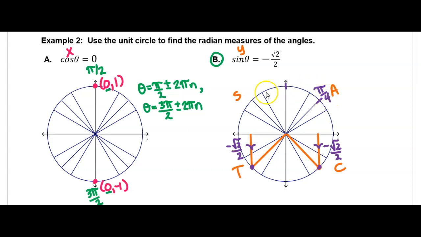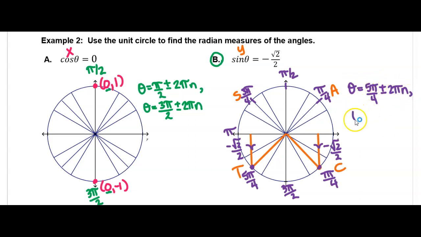We have quarter pi, half pi, 3/4 pi, and then we have 5 pi over 4 over here, and 7 pi over 4 over here. So again, this is pi over 4, 2 pi over 4, which is our half pi, 3 pi over 4, 4 pi over 4 is pi, 5 pi over 4, 6 pi over 4 is 3/2 pi, and 7 pi over 4. So we're going to have theta equals 5 pi over 4 plus or minus 2 pi n, and also 7 pi over 4 plus or minus 2 pi n.